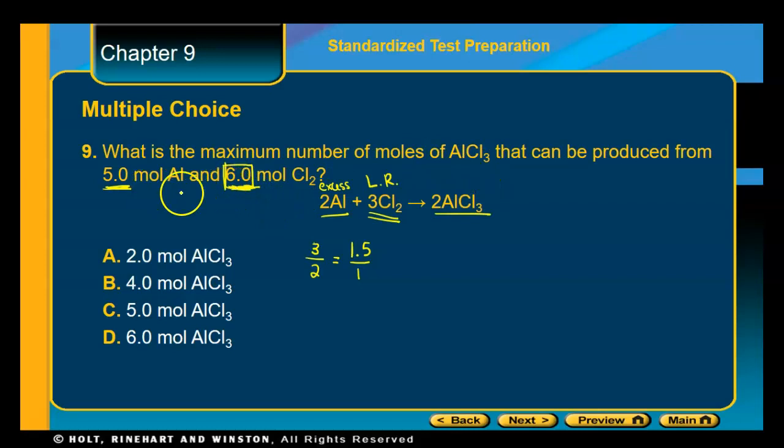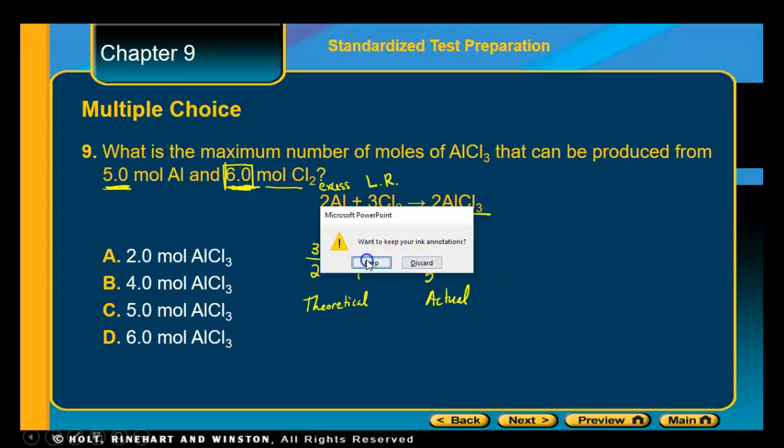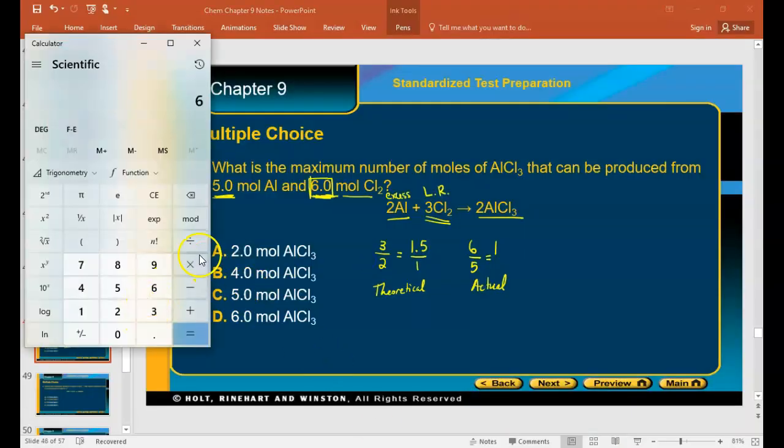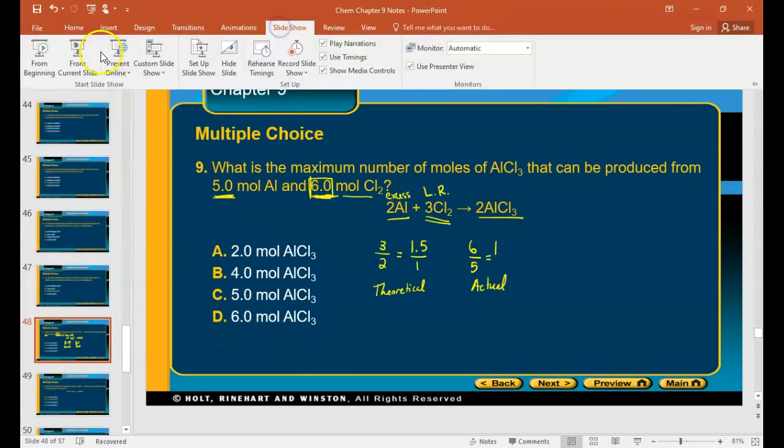So when I divide it, 6 divided by 5, what is 6 divided by 5? 1.2. Oh yeah, I should have known that. 1.2.